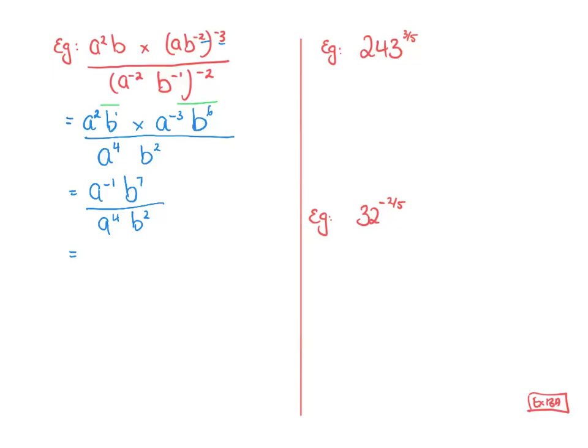Because the bottom is dividing, the rule for dividing is we subtract, so I'm going to subtract 4 from a, and 2 from b, 7 minus 2. So then my answer is a to the -5, and b to the power of 5.